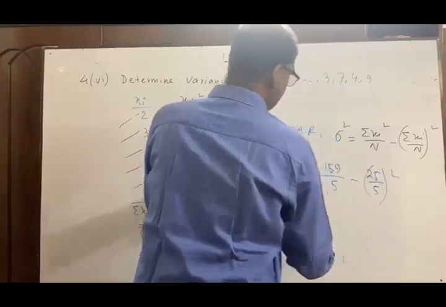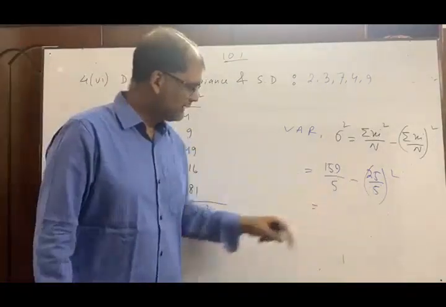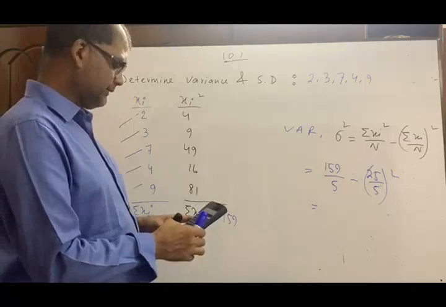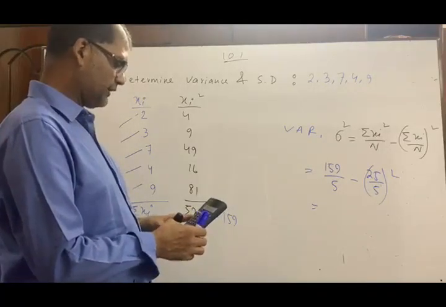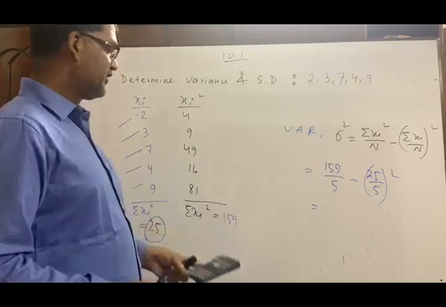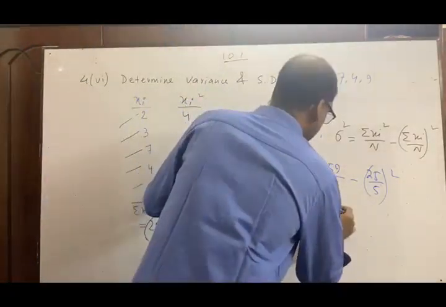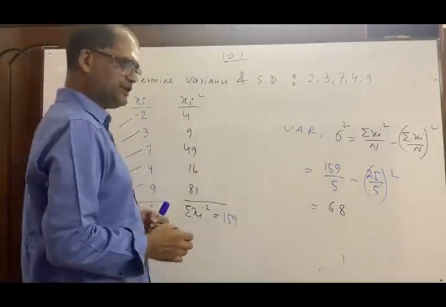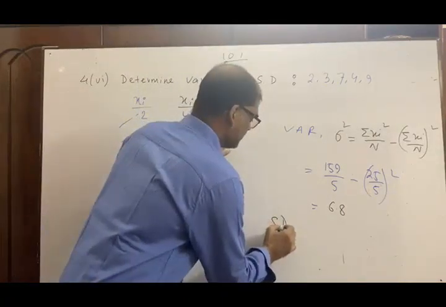Now use the calculator. 159 divided by 5, okay, minus 25. Our result is 6.8. Now, if I go for determining the standard deviation, standard deviation equals to what?